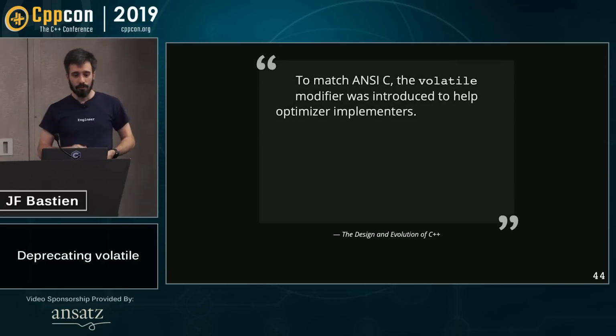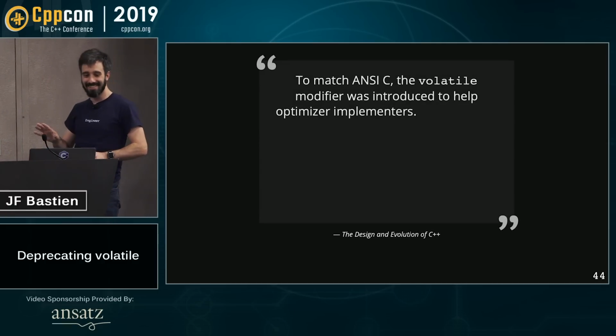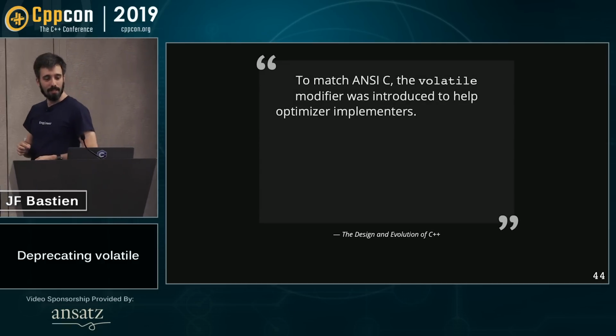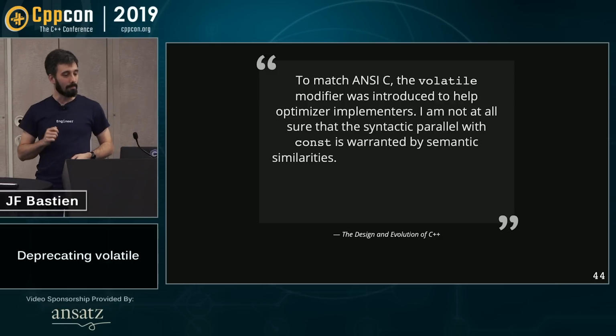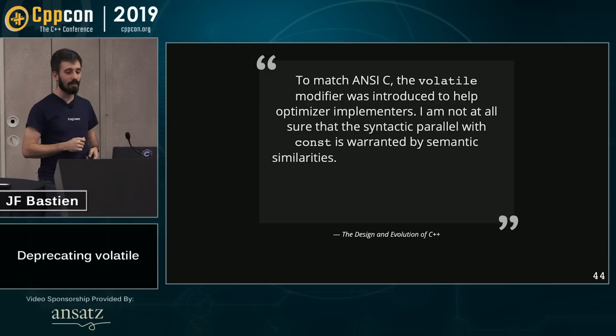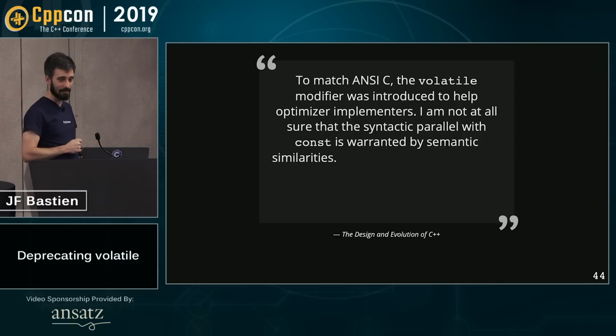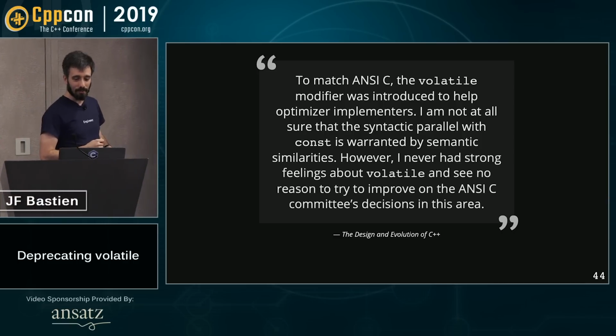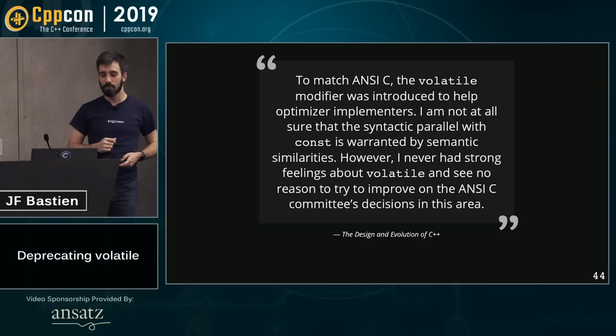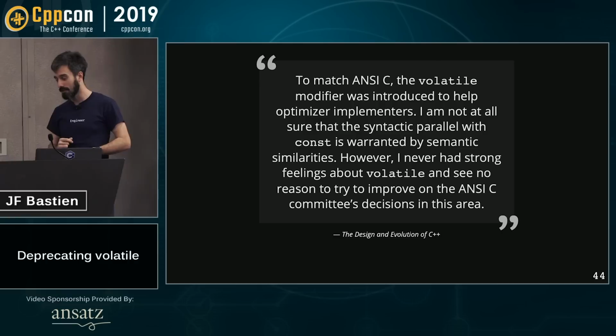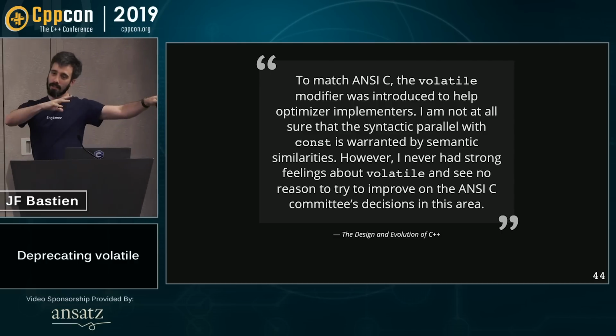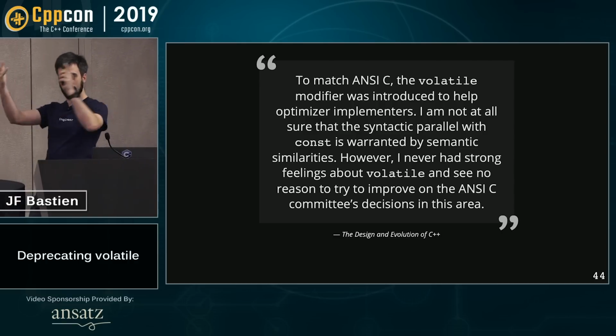Here it is: "To match NCC, the volatile modifier was introduced to help optimizer implementers. I am not at all sure that the syntactic parallel with const is warranted by semantic similarities. However, I never had strong feelings about volatile and see no reason to try to improve on the NCC committee's decisions in this area."